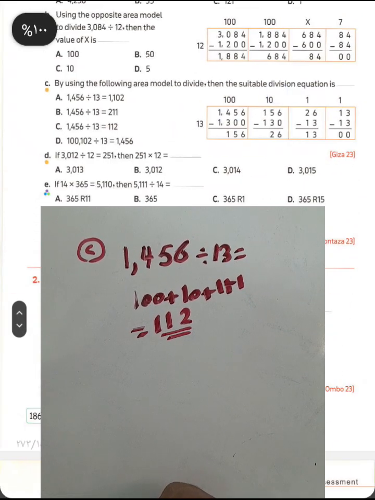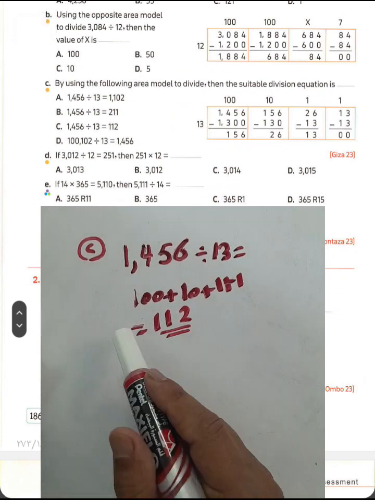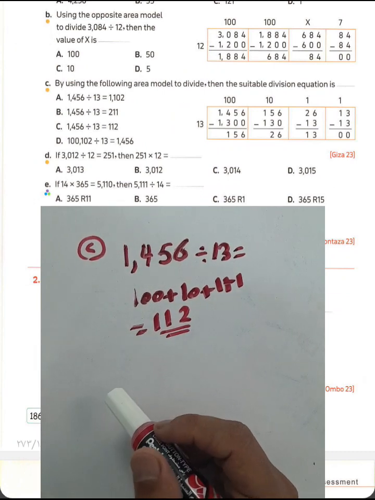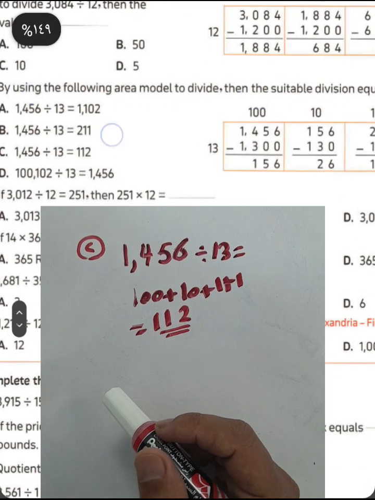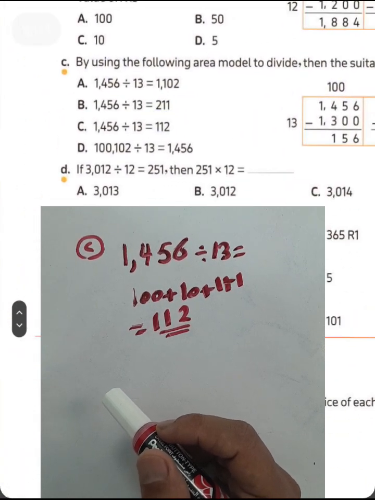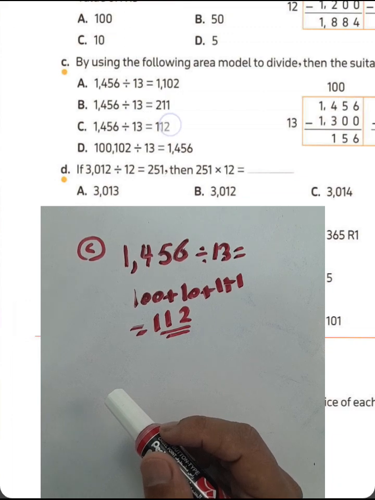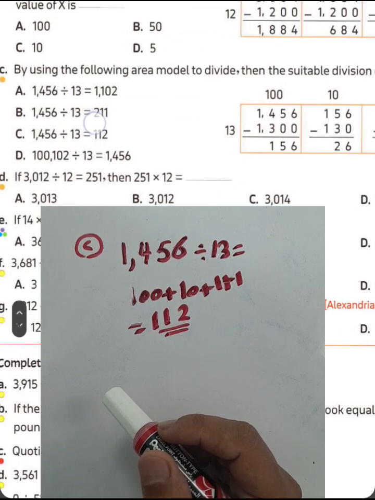What about the result here? You must choose letter C. Okay, letter C here, 1456 divided by 13 equals 112. Understood?